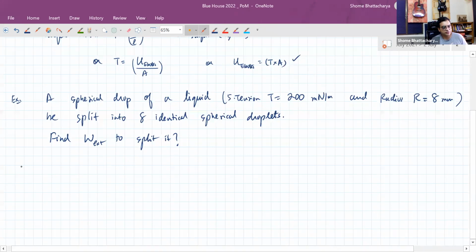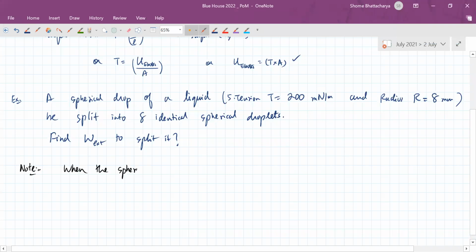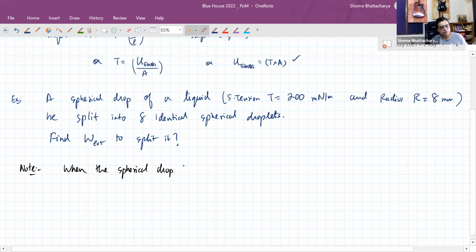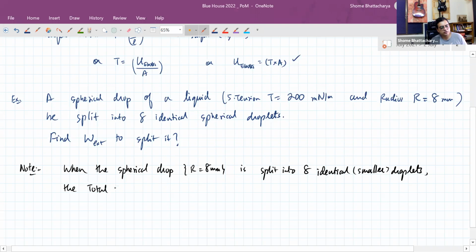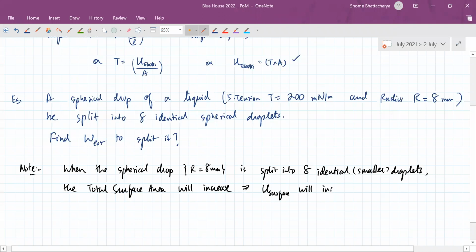Basically, when the spherical drop of radius equal to 8 millimeter is split into 8 identical smaller droplets, the total surface area of the fluid will increase, which means that the surface energy will increase.